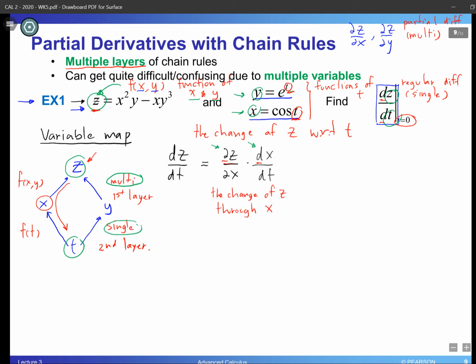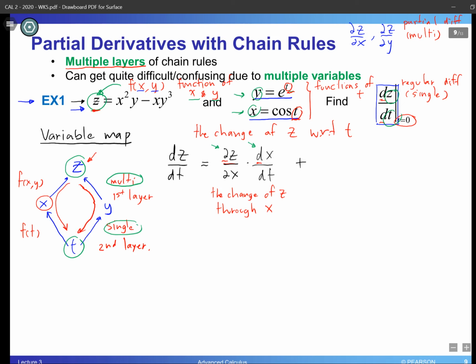Okay, so that is the first term of change, but it happens that this is not the only path that we can take. In order to find the change of z with respect to t, we can take the path that goes through the y variable. So this time, I'm going to go through this y instead. Find the change of z with respect to y, and then y with respect to t.